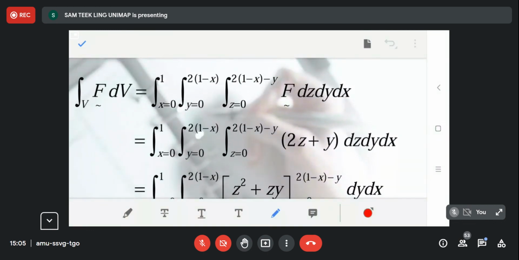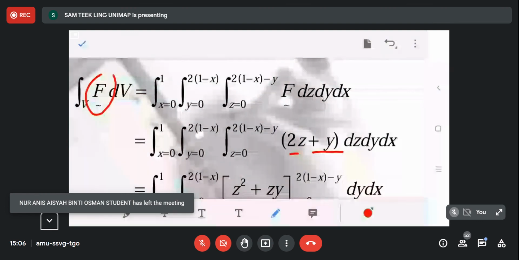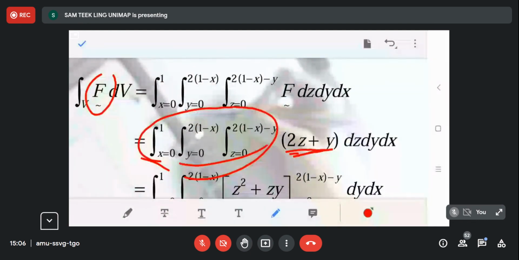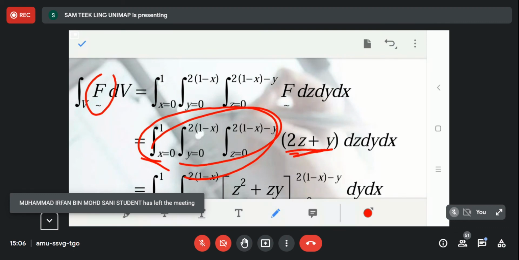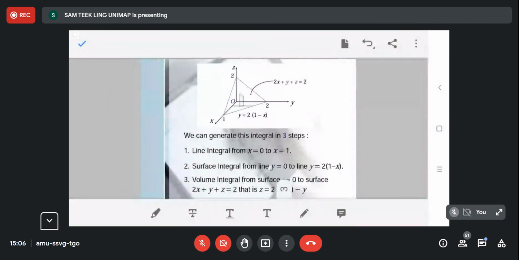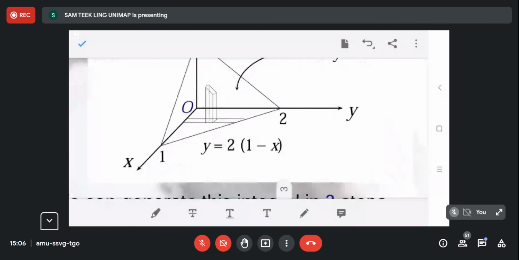Your F, you replace what the question gives you. The important part is how to find all the limits. How to find all the limits. So we will go back to our picture and see how to find your limits.